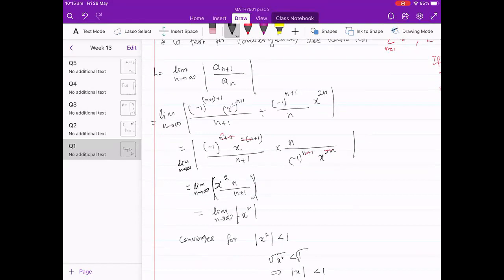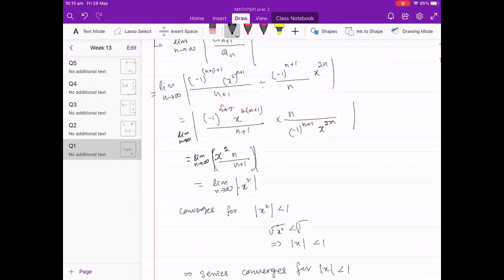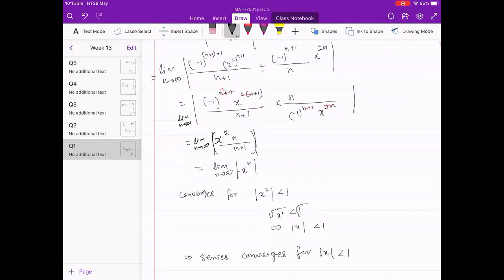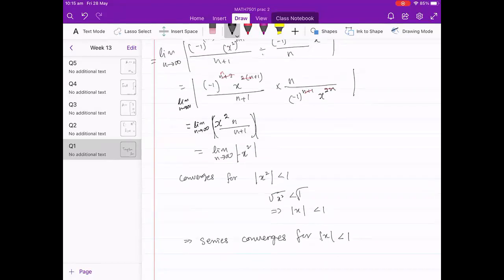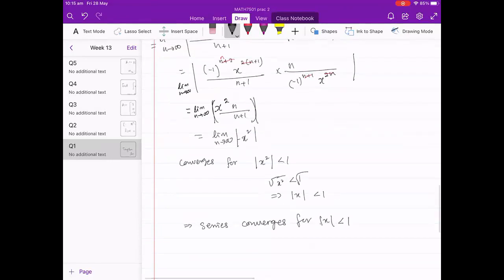This converges if the absolute value of x squared is less than 1, which means, if we remove the absolute value, the square root of x squared is less than the square root of 1, which implies that the absolute value of x is less than 1. So the series converges for x between -1 and +1.